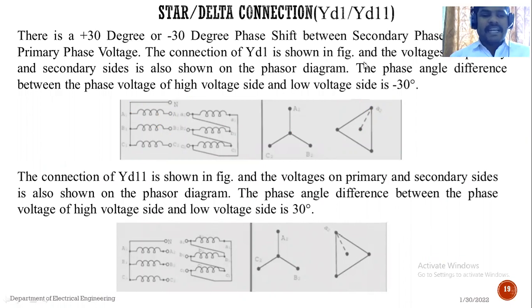The secondary leads the primary by 30 degrees, so it is represented by 11, the leading phase angle.